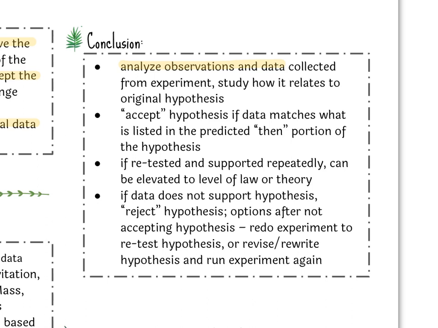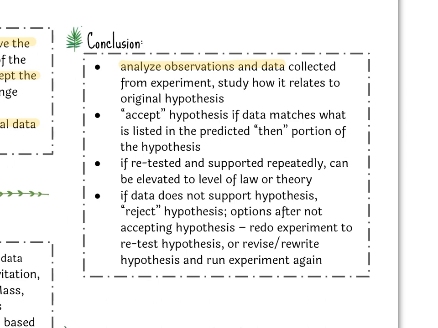You have to analyze the data, otherwise it doesn't make any sense. In the conclusion is where you analyze observations and data collected and study how it relates to the original hypothesis. Remember, the whole point of doing the experiment was to see if what you'd get matched what you thought you would get in your hypothesis.